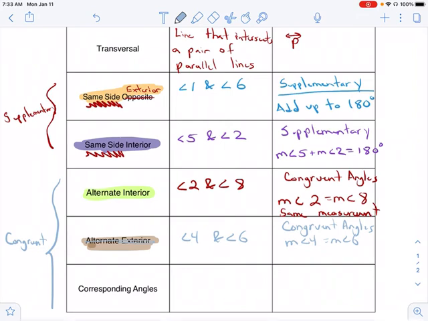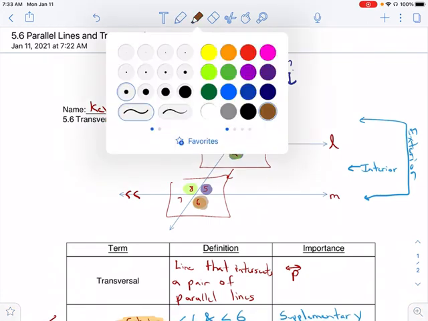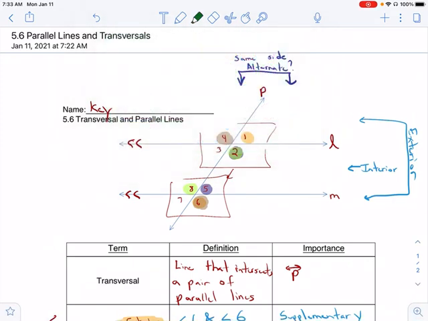Corresponding angles are if I took this entire box here and moved it down and mapped it over this, it's all the angles that would be on top of one another. So just to get at least one of these examples down here, angle 3 and 7 are corresponding angles because they would map to the exact same spot.